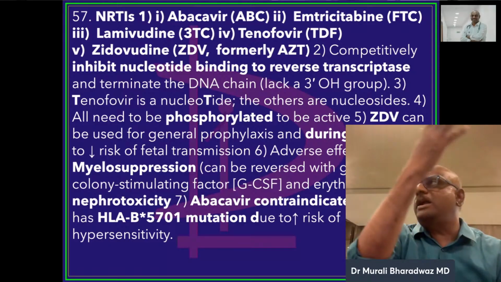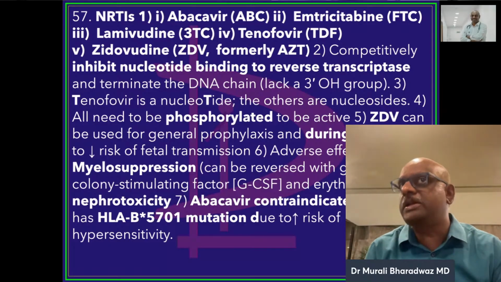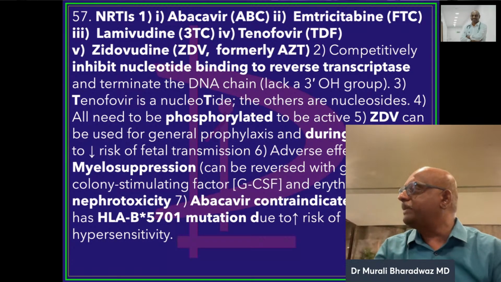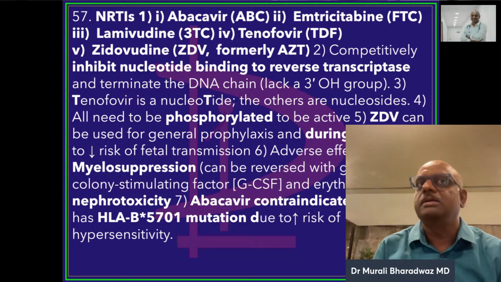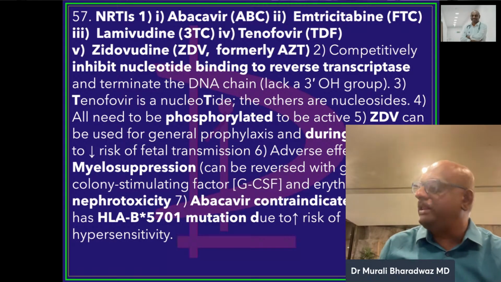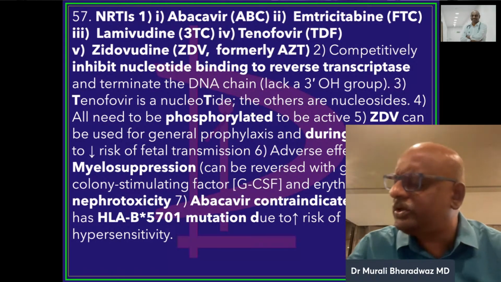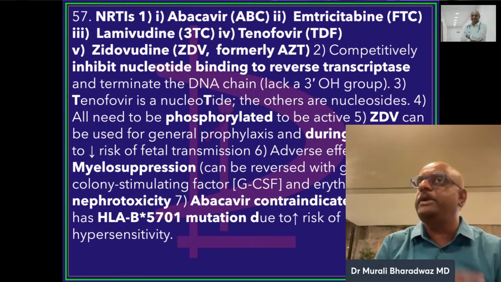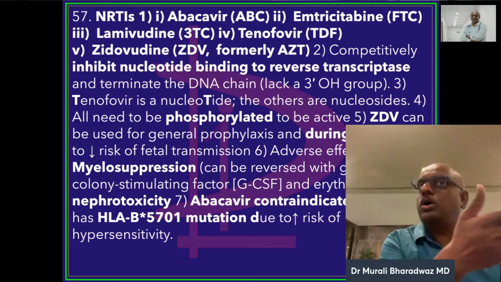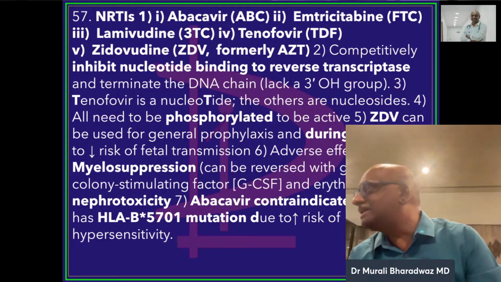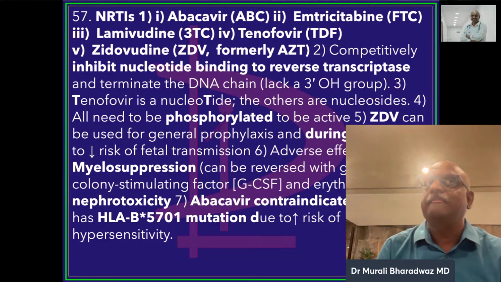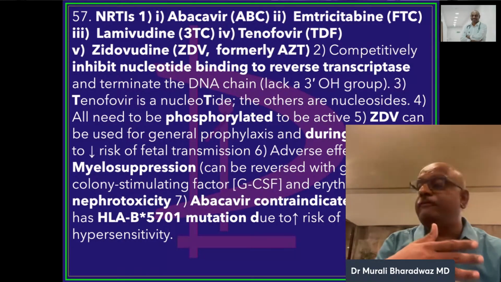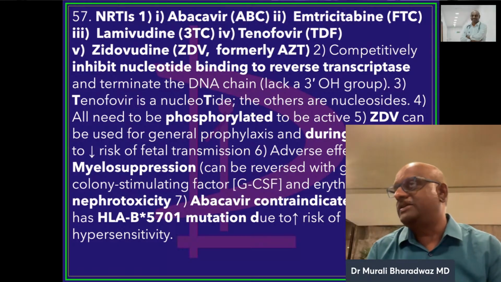All these NRTIs have a problem, especially zidovudine: myelosuppression, bone marrow suppression. When you are using this, the WBC count can fall down to 1000, 1500. Then you need to give granulocyte colony stimulating factor, GCSF, to treat. There can be nephrotoxicity because of that.